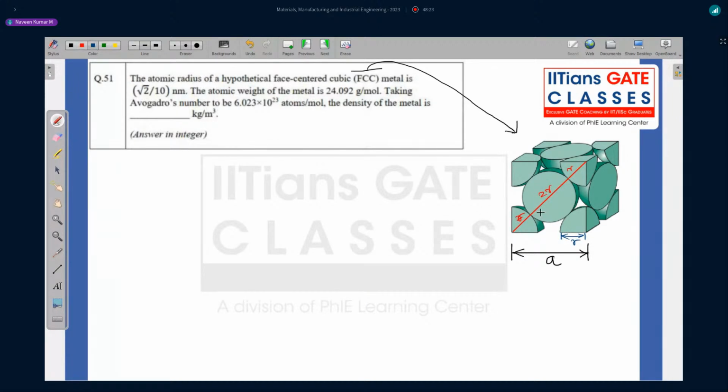So 4R is equal to √2A. So A is equal to 4 by √2 into R, that is 2√2 into R.